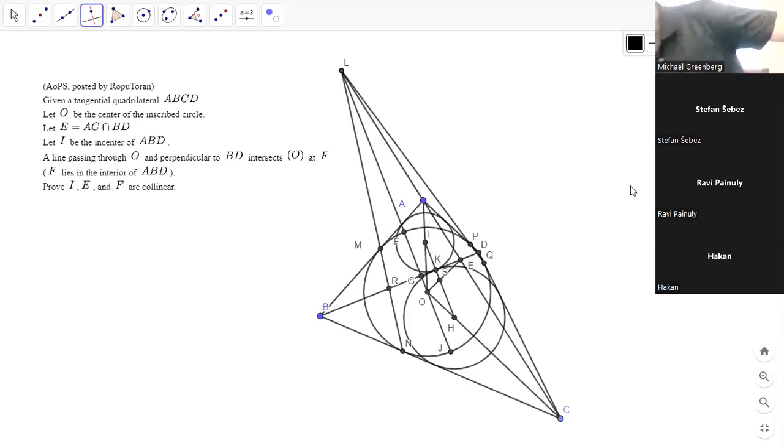All right, let's try this problem for ten more minutes, and then we could maybe go back to it later. I think we're close.